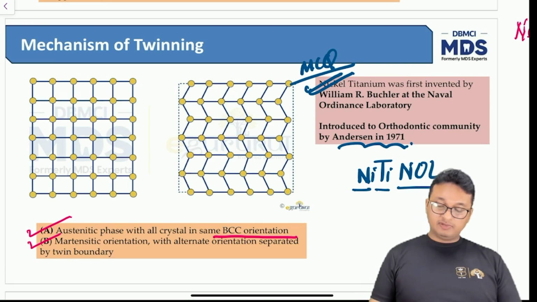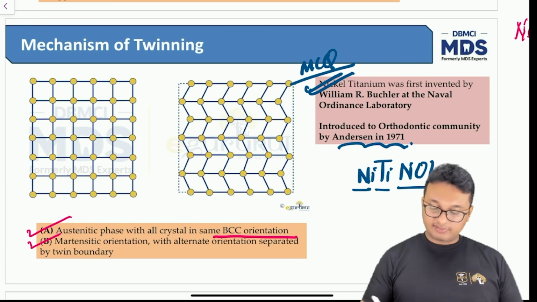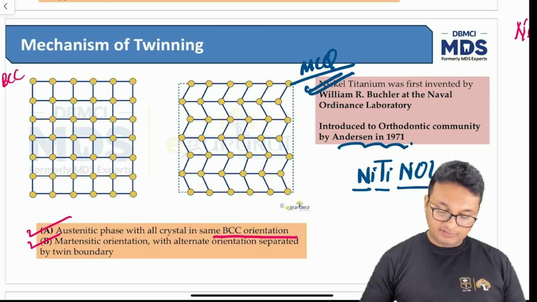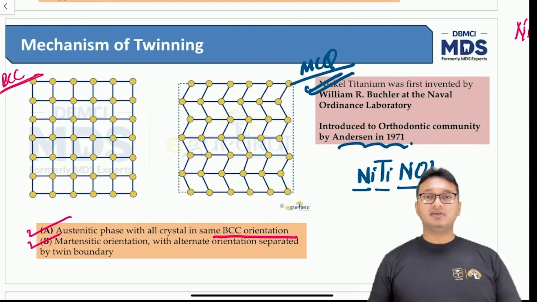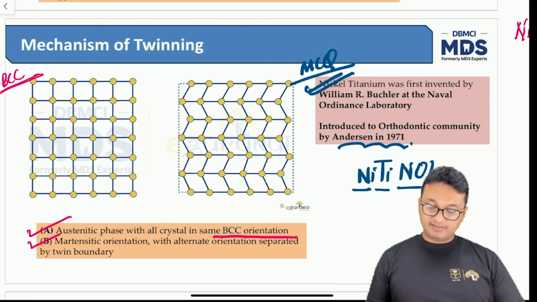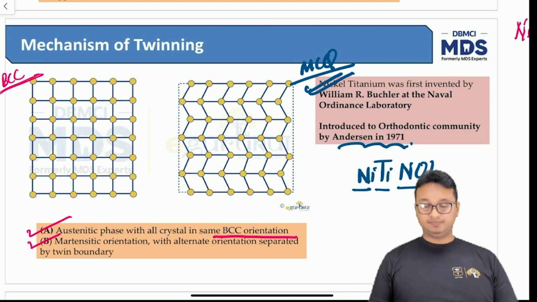In the austenitic phase, all the crystals are in the BCC formation. BCC is body centered cubic. Whereas in the martensitic phase, they have alternate orientations separated by a twin boundary.